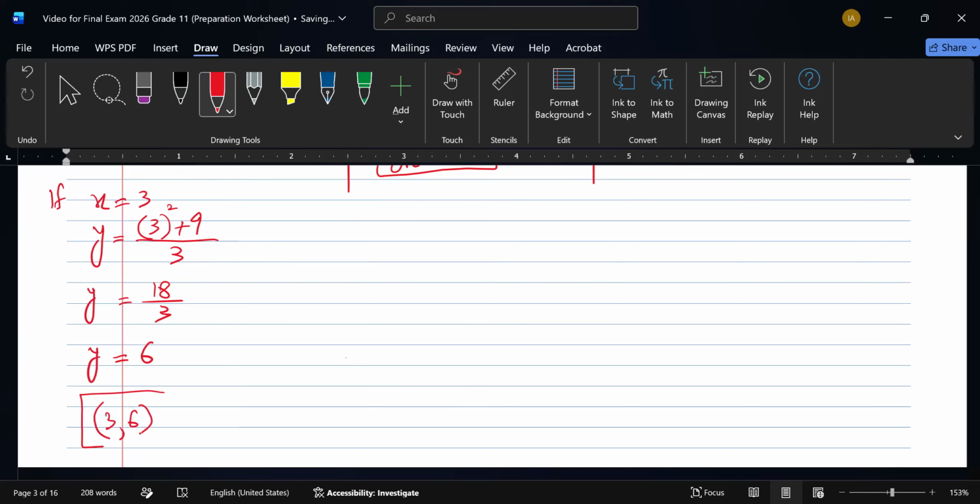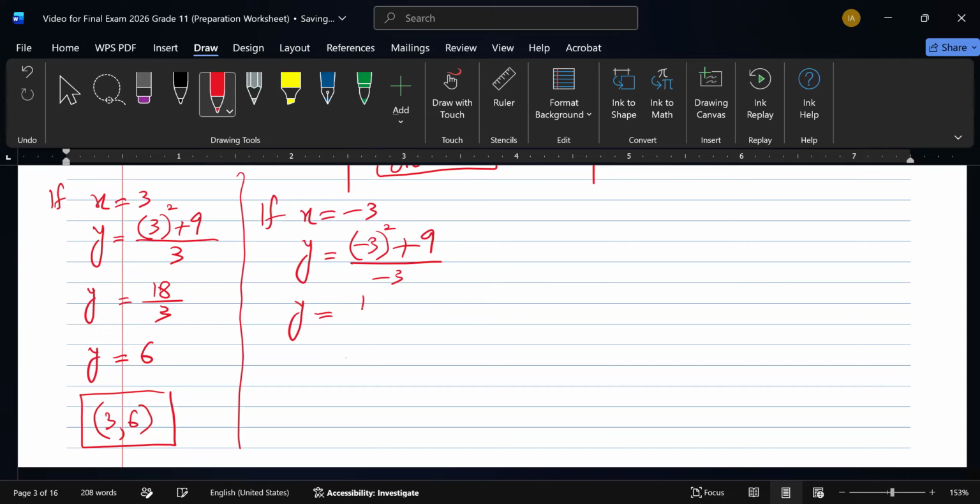That's my first stationary point. Now I substitute the second value of x into the original equation again. My second stationary point is minus 3, comma, minus 6. This is my second stationary point.